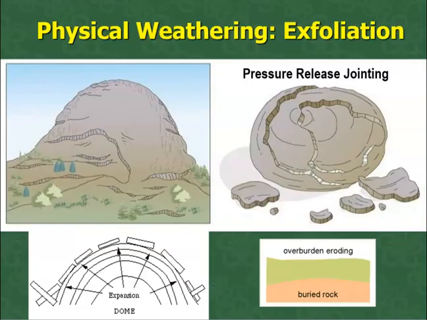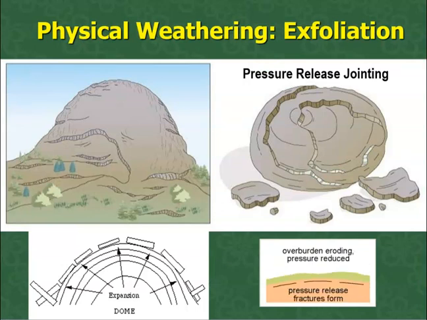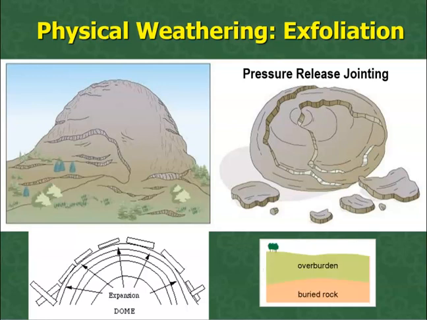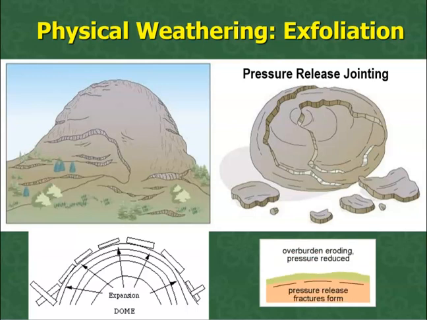So another type of physical weathering is called pressure release jointing, and it creates exfoliation. Exfoliation is kind of a peeling process. Especially igneous intrusive rocks are formed under pressure, and so when they cooled, they cooled under pressure.